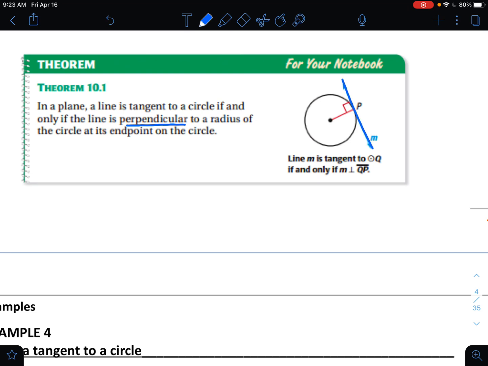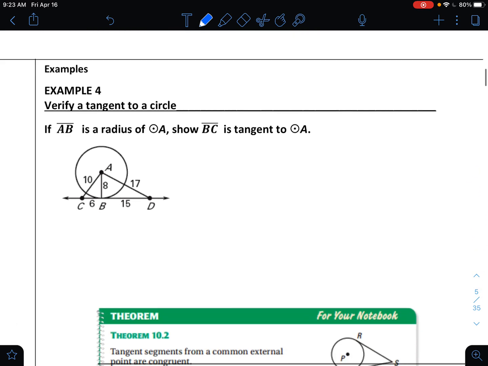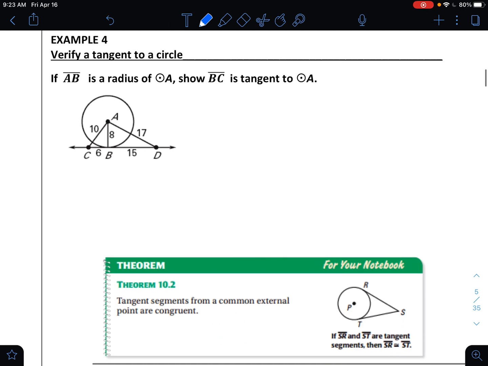So what this is saying, the only way that this line M is tangent is if it's perpendicular to the radius. If it's not perpendicular to the radius, then it's truly not a tangent, which means it doesn't intersect the circle at only one point. So we are going to think about how to create a perpendicular angle based on things we have learned. All right, so let's turn the page to the next example.